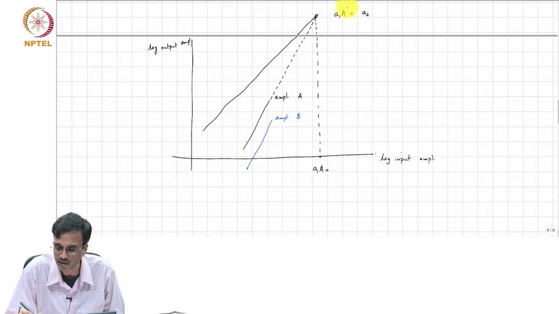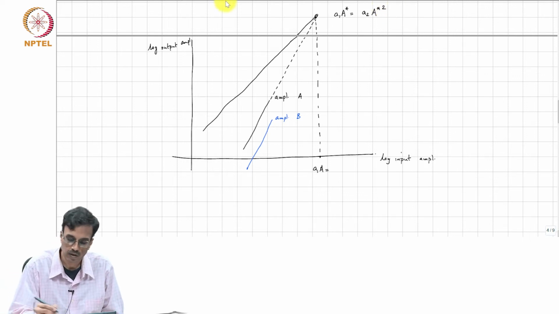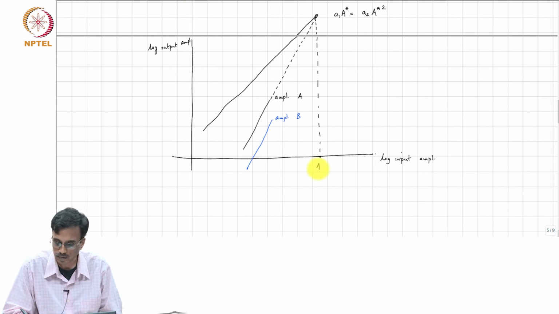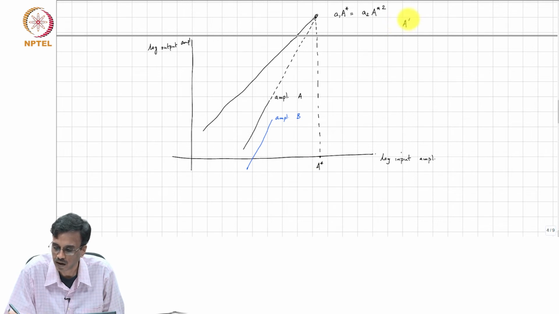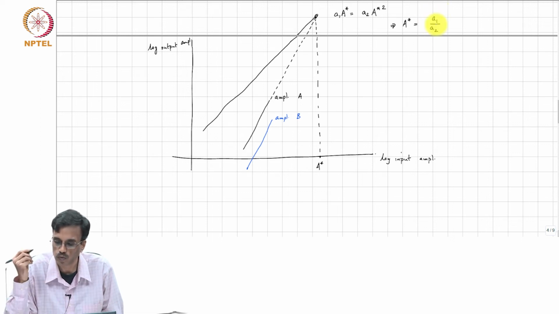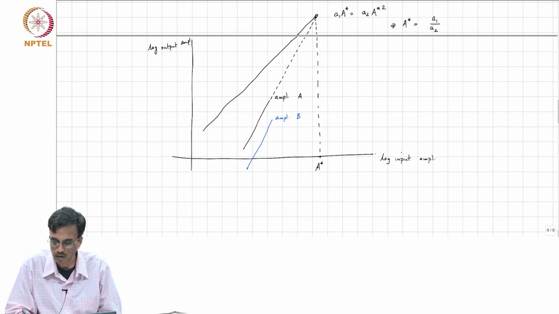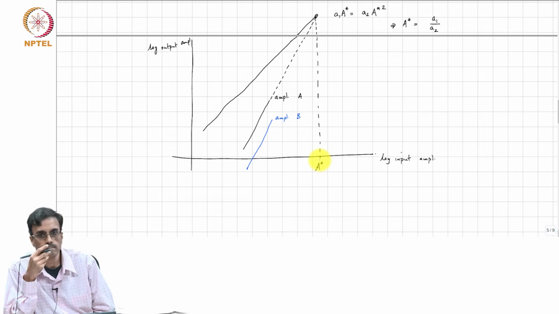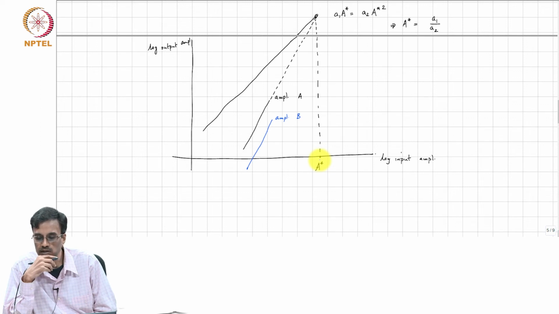Let me call this A star: A1 A star must be equal to A2 A star square. So, A star, on a log scale, is therefore equal to A1 by A2.